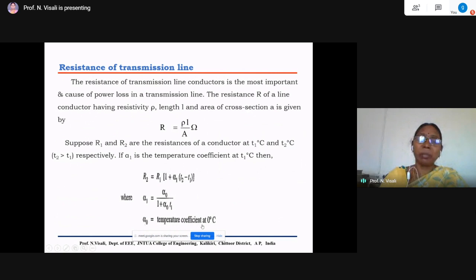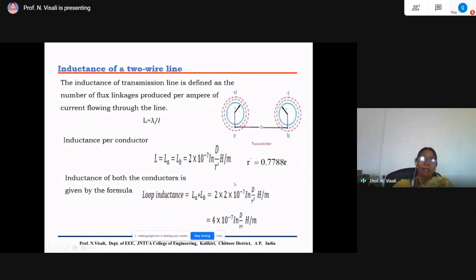So the resistance at temperature T2 is R2 equal to resistance at T1 into 1 plus alpha 1 into T2 minus T1. This is the resistance of the conductor at a different temperature. Mainly because of the presence of resistance, the losses exist in the transmission line. These losses will be dissipated in the form of heat.